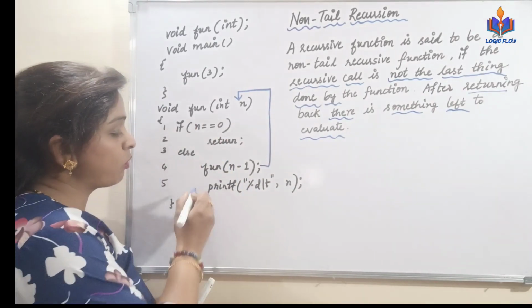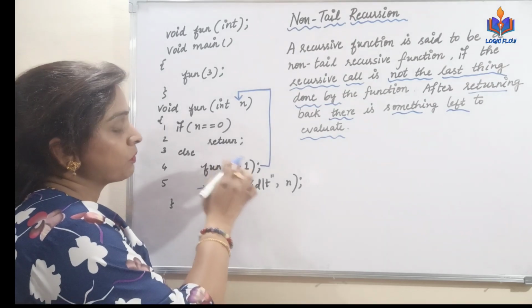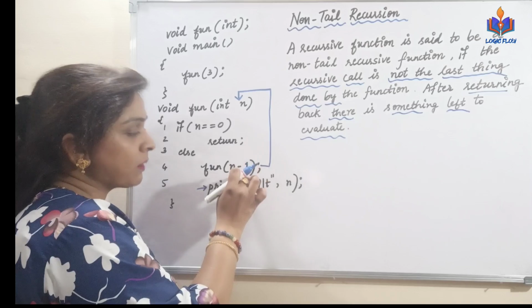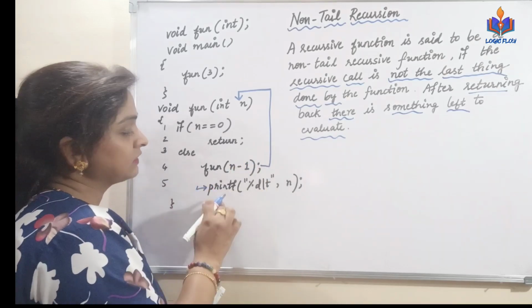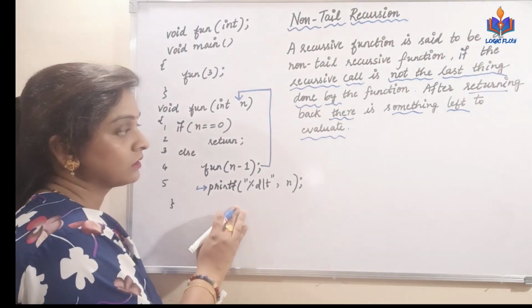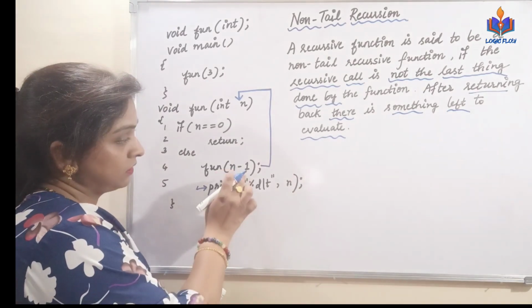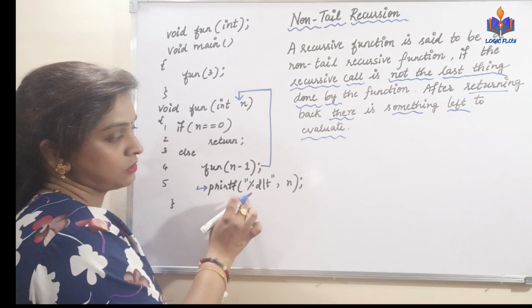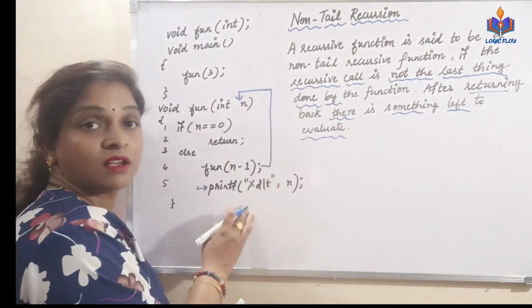You have one more statement left. So when I call the same function and return, it will come back here and then take the remaining statement. See, this is the recursive call. After the recursive call, you have one more statement. So this is non-tail recursion.